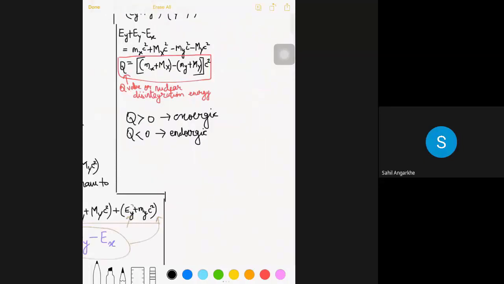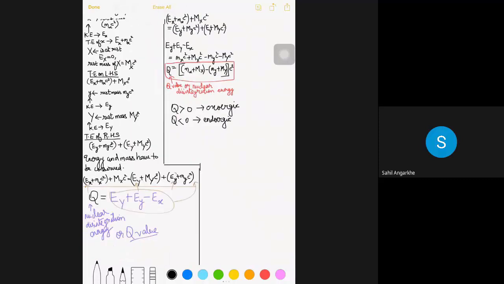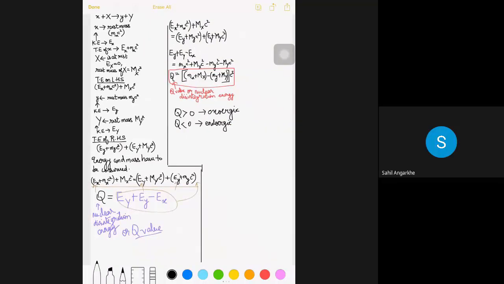This is the Q equation. Now, if we ever have exams like this semester, and then your semester exams, if they are of the summative type where you're writing those answers and not MCQ type, then this is usually asked for 7 to 8 marks: a derivation from the start till this particular point, where you have derived the Q value or nuclear disintegration energy.